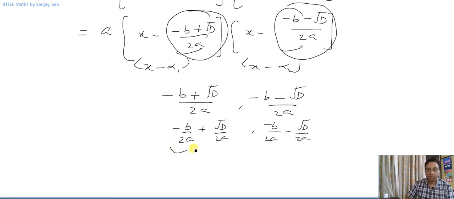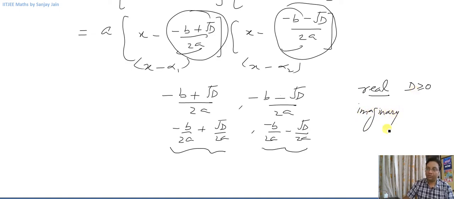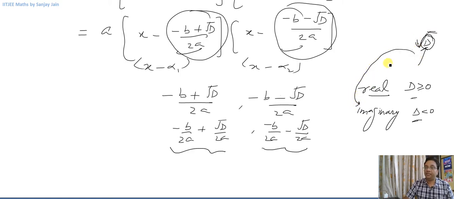And these roots or these zeros will be real if d is greater than or equal to 0, right? And these roots will be imaginary or complex roots if d is less than 0, because d is inside this radical sign, and for it to be real, there has to be a non-negative number inside this radical sign, otherwise it will be imaginary or complex, right?